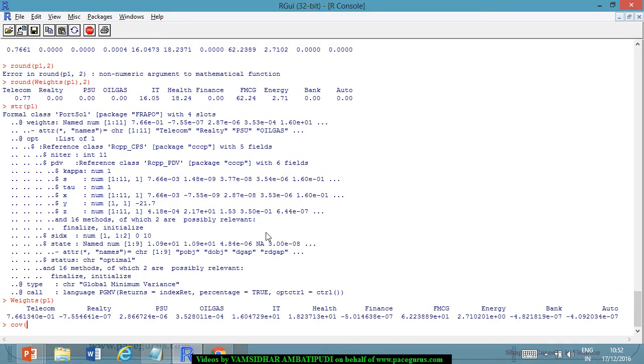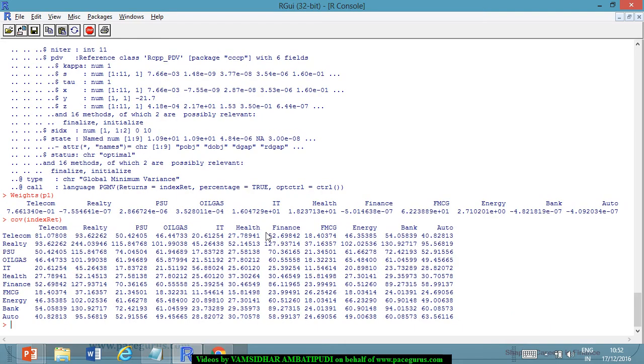So basically if I do a covariance of index return, that is where I get probably the realty sector is looking very risky. The variance is much higher. In the variance covariance matrix, the diagonal indicates the variance and all others talk about pairwise covariance between the sectors.